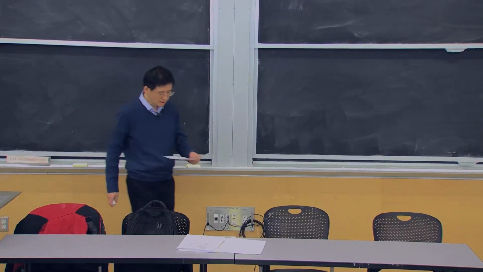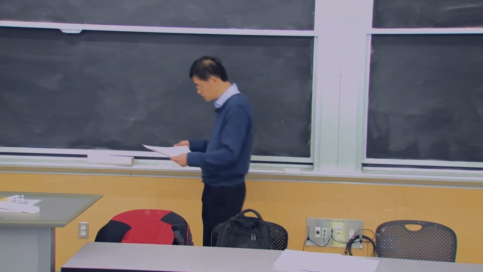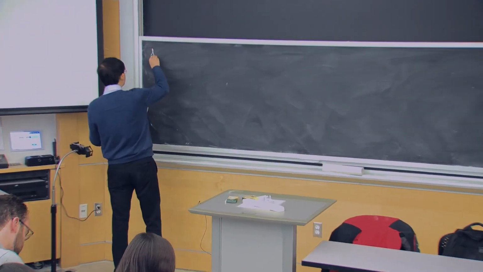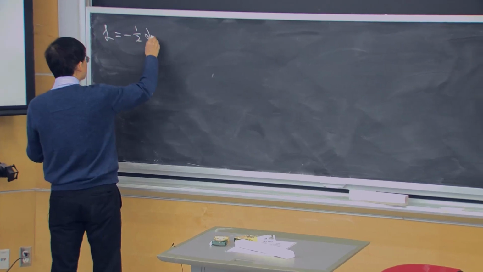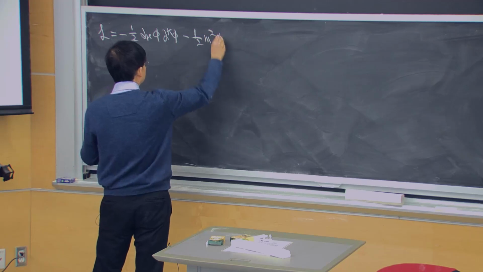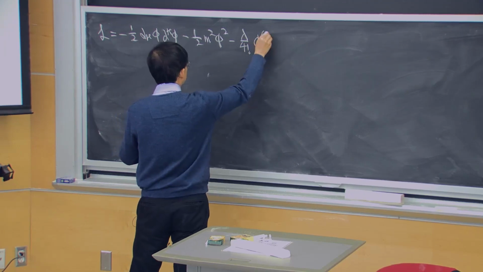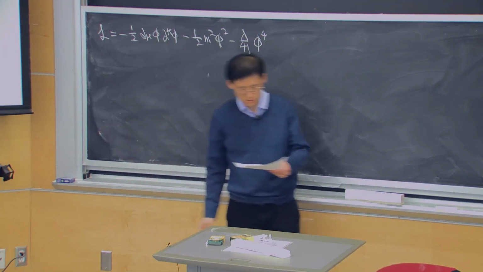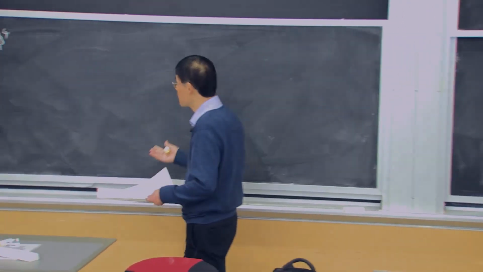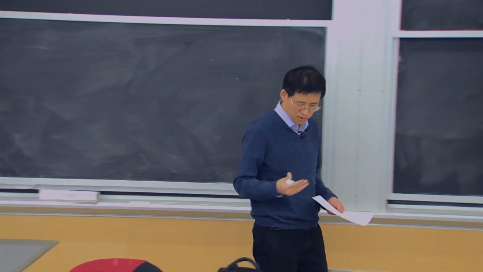Okay, let us start. Last time we started talking about interacting theories, and here is the simplest interacting theory, with the Lagrangian density of the form... This is just the simplest one, and we will use this as our example to illustrate how you treat interacting theories, how you treat particles with interactions.